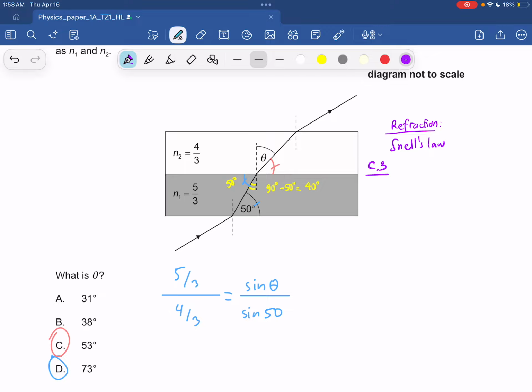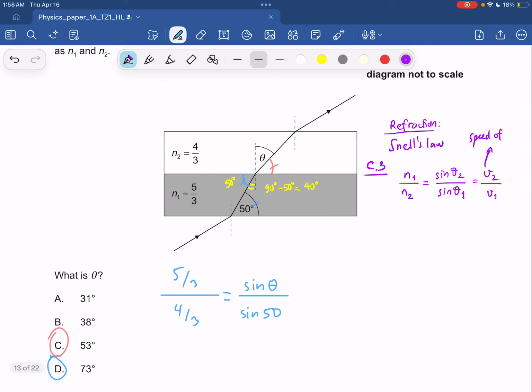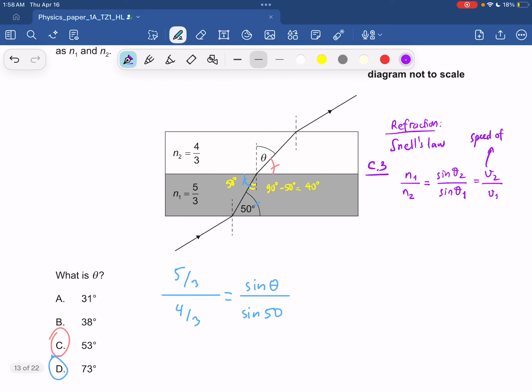You will see it: n1 over n2 equals sin theta 2 over sin theta 1 equals v2 over v1. So v here is the speed of the wave that travels in different materials, right?